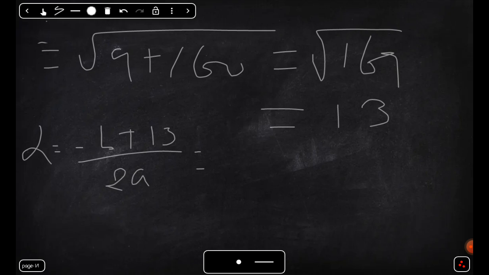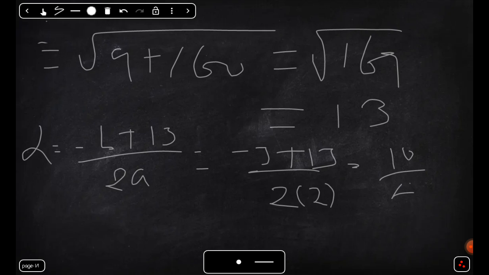We know that our b is positive 3, so it's going to be negative 3 plus 13 over 2, where our a is also 2. So that is 10 over 4, right? And 10 over 4 is actually 5 over 2, right?